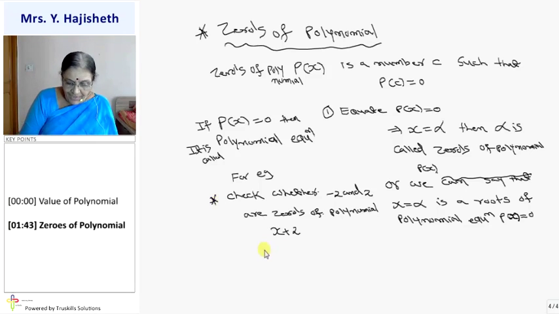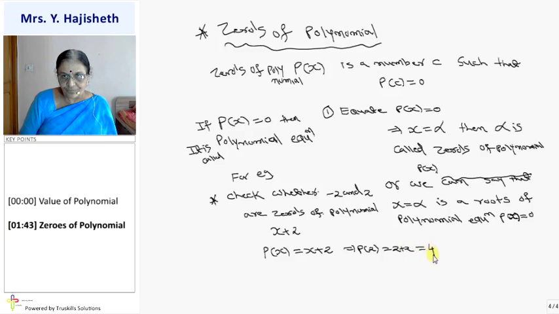By putting x is 2 in my p(x), my p(2) is 2 plus 2, it is 4. So 2 is not a zero of p(x).